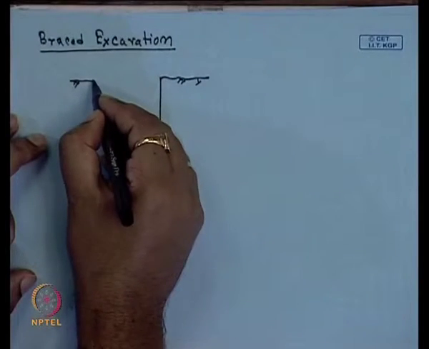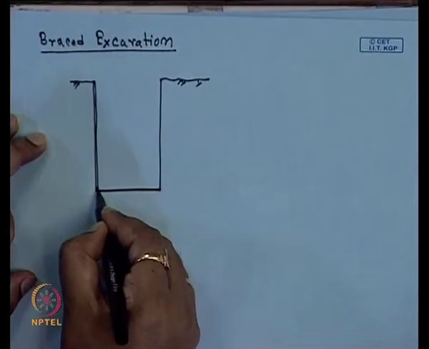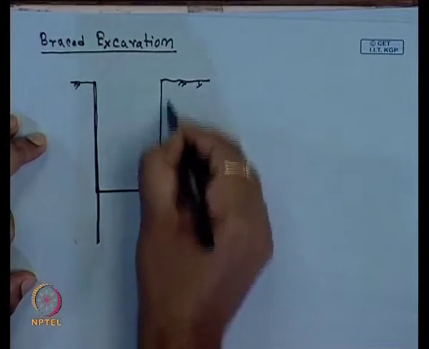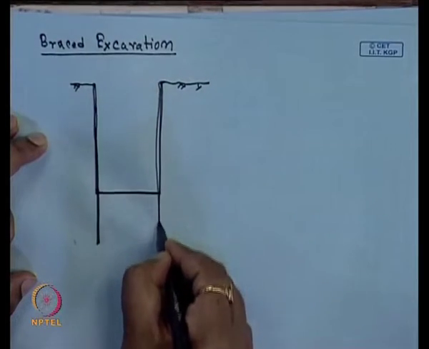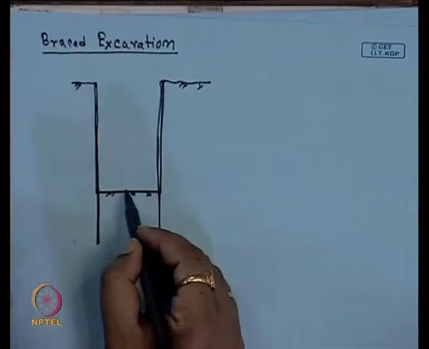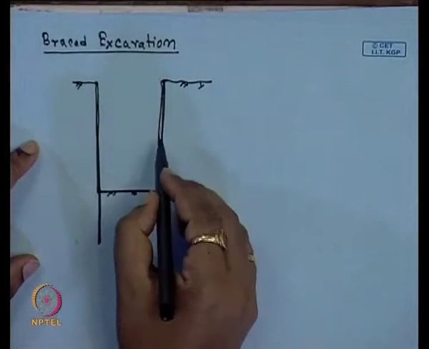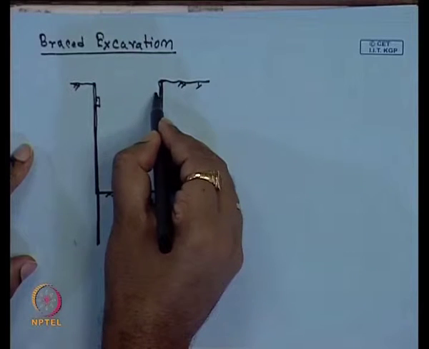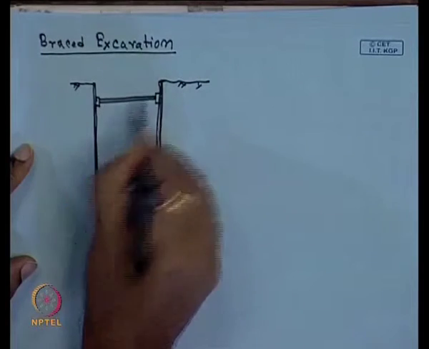For lateral support we can provide the sheet pile here for this base excavation, and on this side also. And in this area we can provide lateral support, that is these horizontal components.